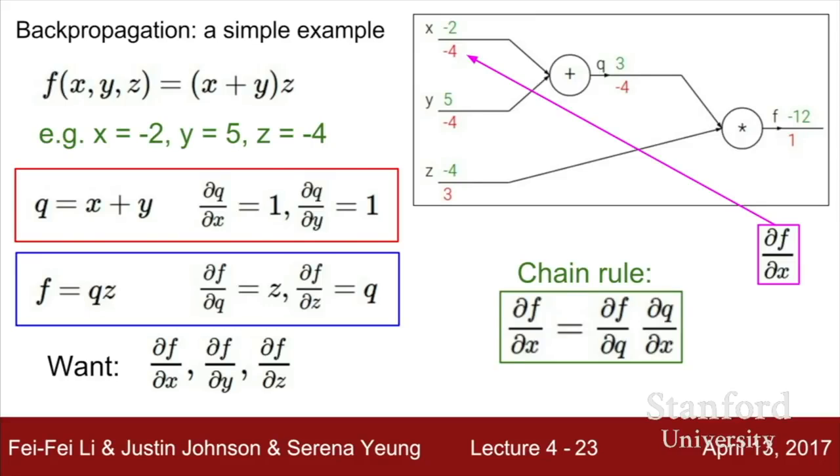Instead, if you use this formalism and break it down into these computational nodes, then you only ever work with gradients of very simple computations, at the level of additions, multiplications, exponentials, things as simple as you want. Then you just use the chain rule to multiply all of these together and get the value of your gradient without ever having to derive the entire expression. Does that make sense? Okay, so we'll see an example of this later.